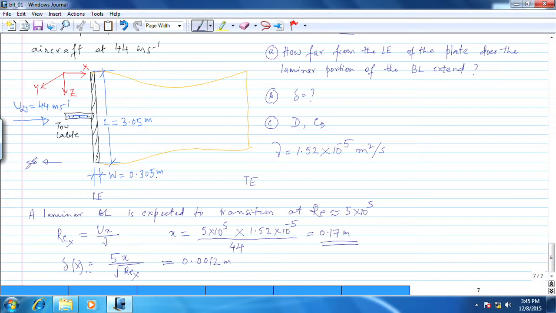So, actually we are looking at this very small little distance, right. And in that the maximum delta x, where we take the x to be 0.17, which is the edge of the laminar flow, turns out to be 0.0012. About what? About 1.2 millimeters, right. So, let us come back and then calculate the drag and the CD. So, I will close this here. Thanks.